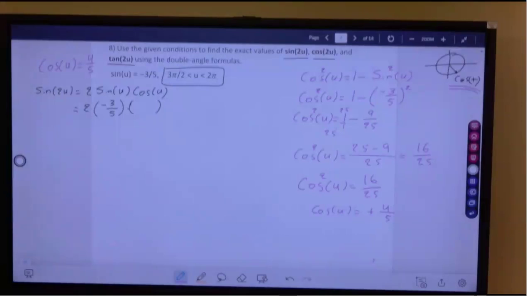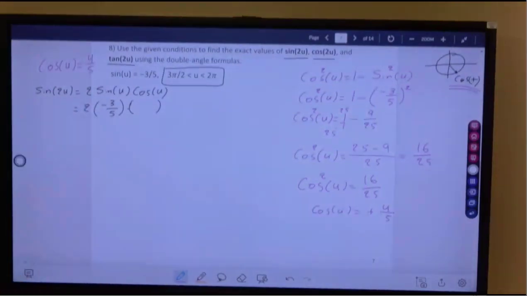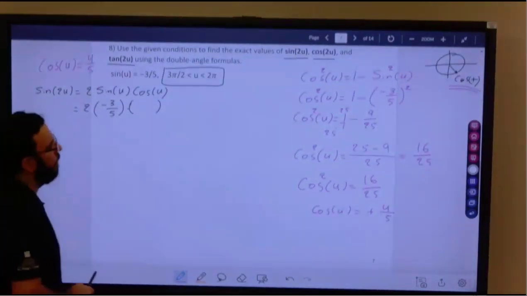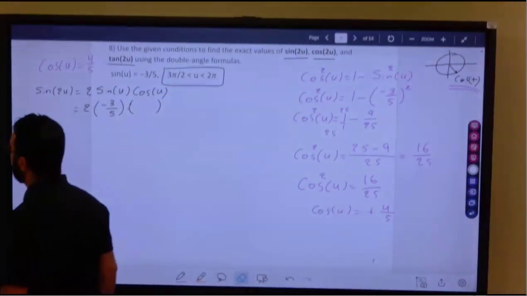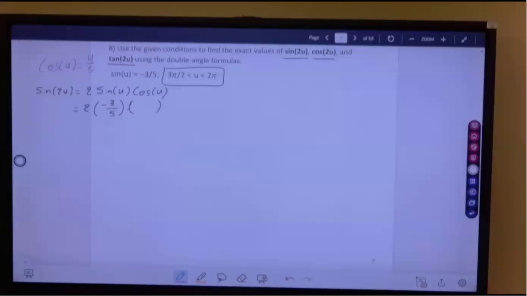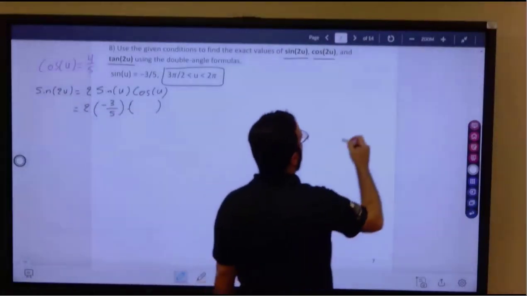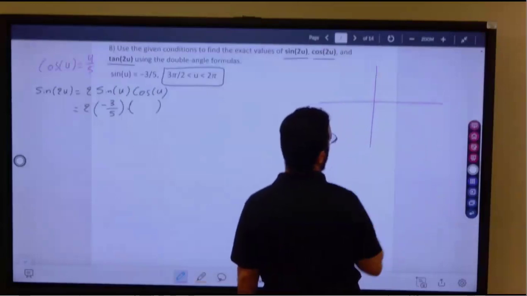Let's check the second way to find the cosine. I know the angle is in the fourth quadrant, so it's going to be here.